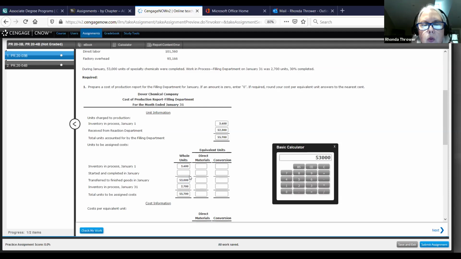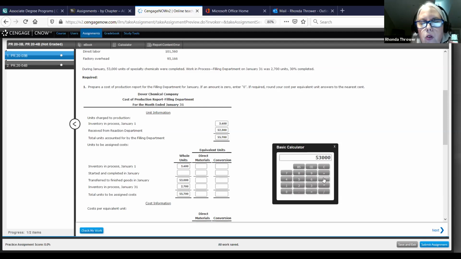Now, what we did not know is what we started and completed, but you can now find that started and completed units by taking what you have transferred and deducting the beginning inventory units from that. So what you transferred out minus your beginning inventory will tell you the units that you both started and finished during this period of time.